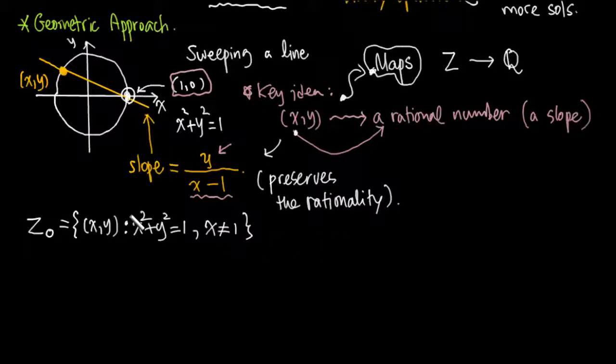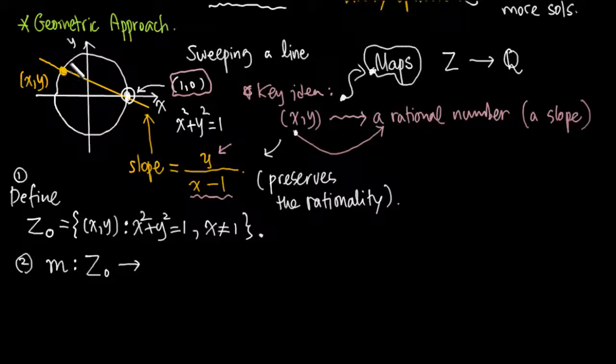So we define this set before we clearly define the map we're talking about. That's the first thing we define, and secondly, we define a map. We're going to call this map M, which comes from the slope, on Z0. Everything now has a well-defined slope.